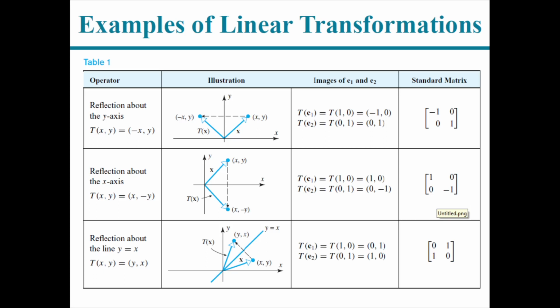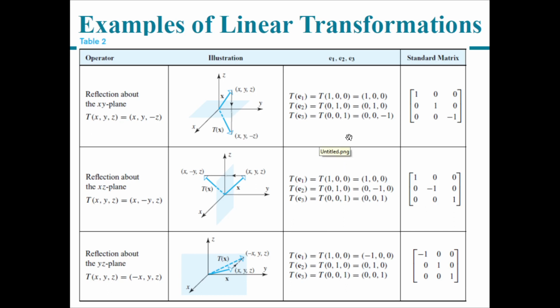So that's how we build them. You will notice that some of these standard matrices are invertible. That will mean that the linear transformation is invertible, and some others are not. That would mean that the linear transformation in question is not invertible. So here reflections are invertible.